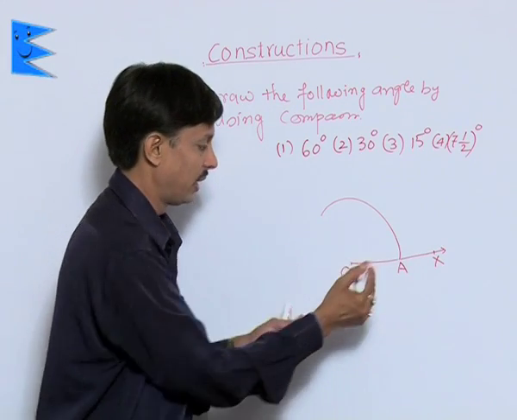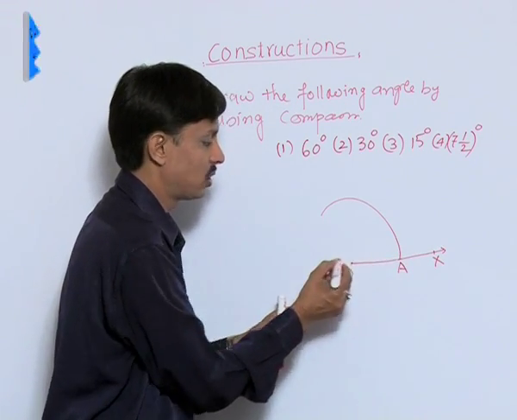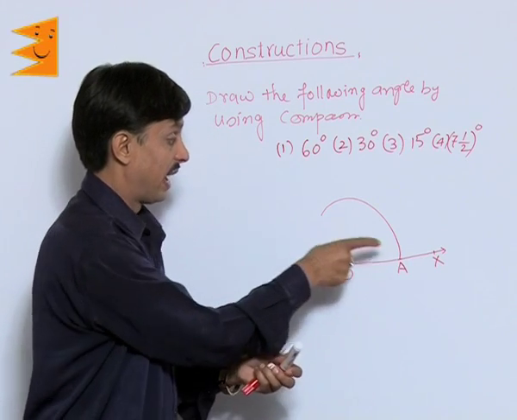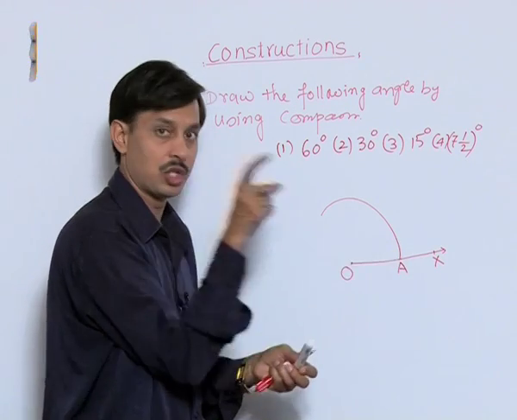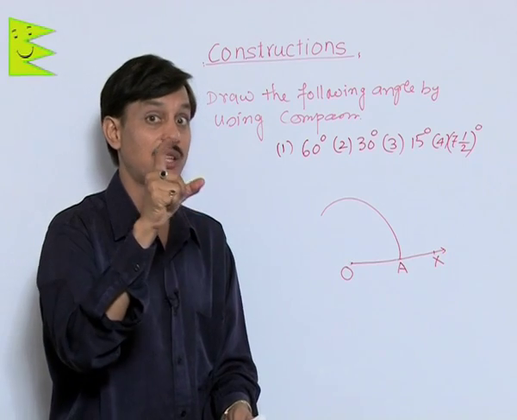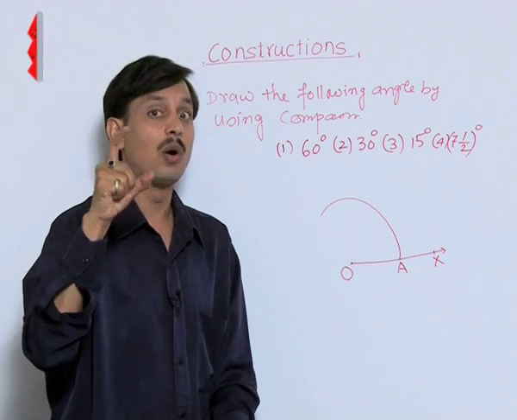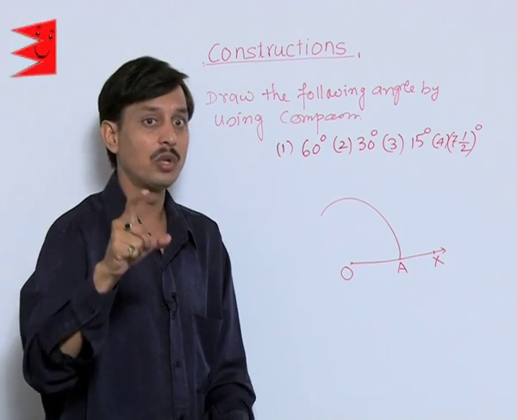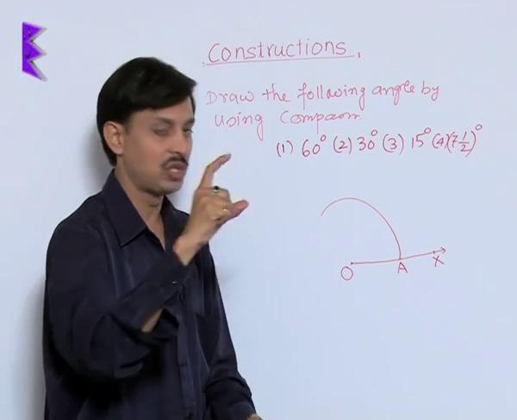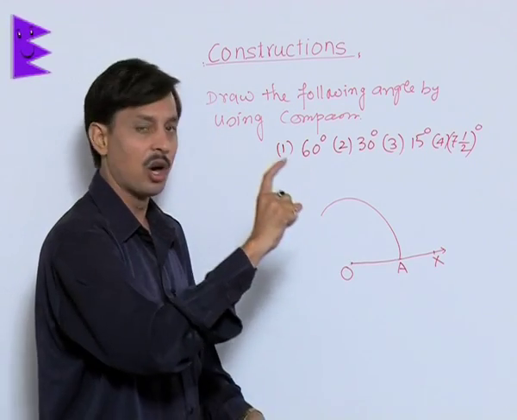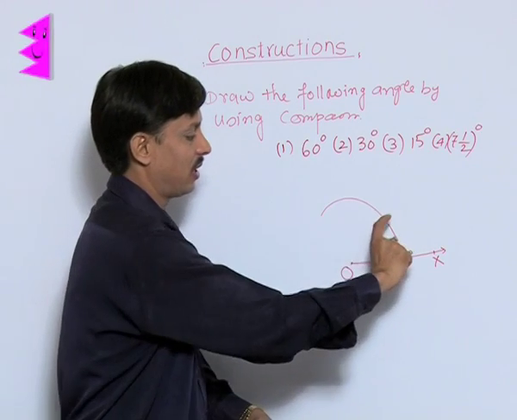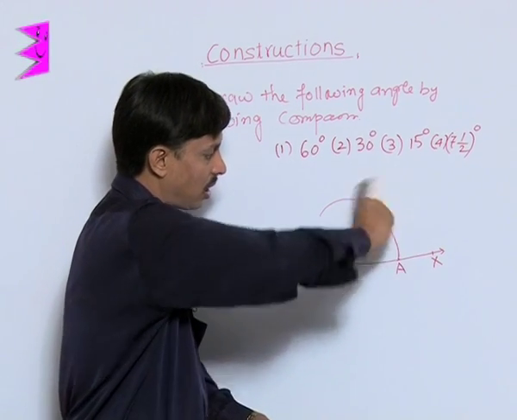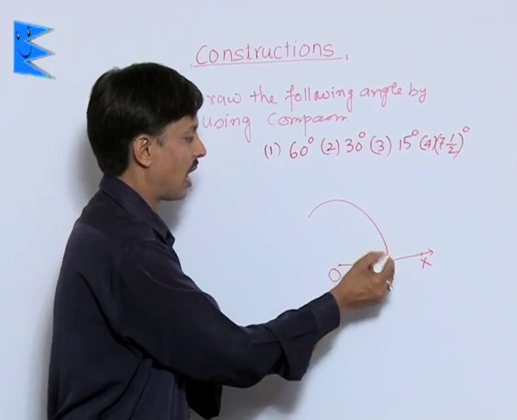Now what is required? Without changing this length, without changing this arc, without changing the measure of this radius, bring the needle of the compass to A and cut your arc.